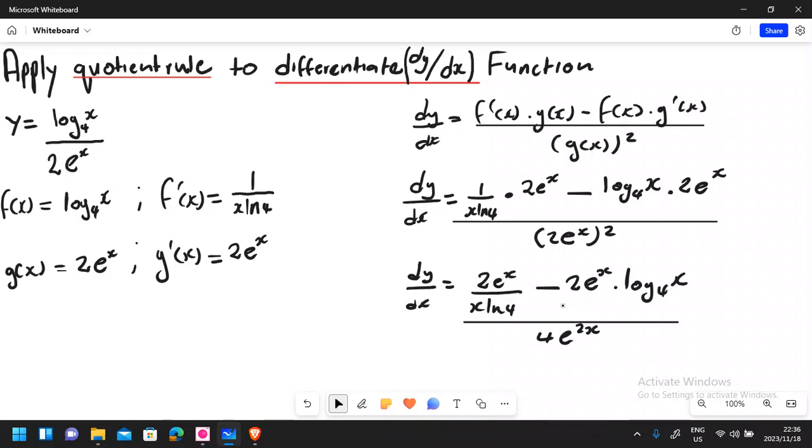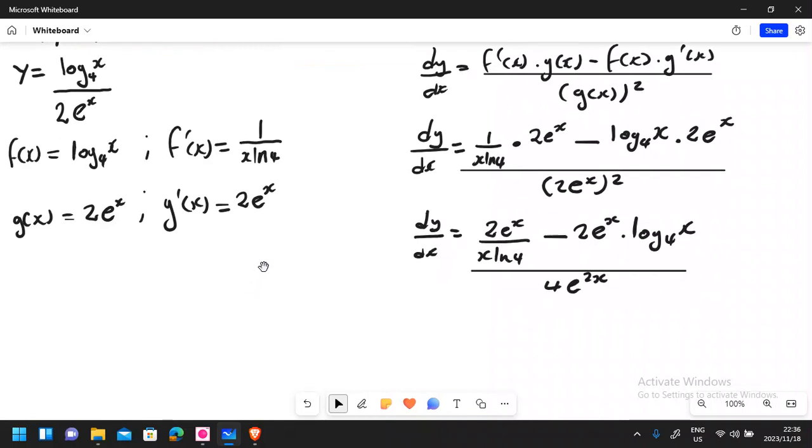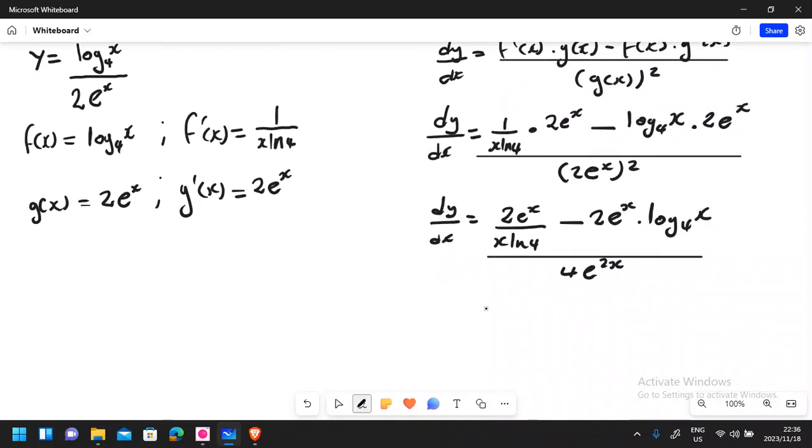All right, now let me create more space here so that you are able to solve this. So dy over dx is equal to, if you look at the numerator here, we do have a common factor. What is our common factor here? Our common factor is 2e exponent x.